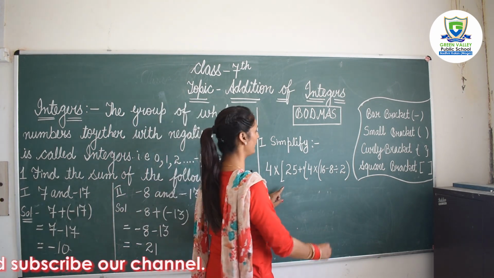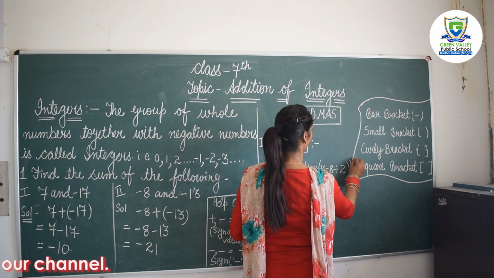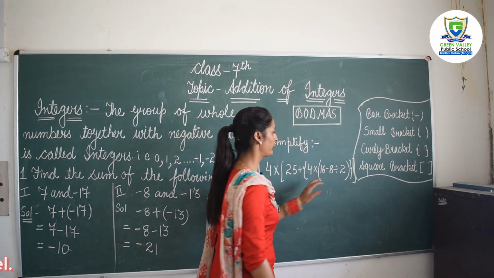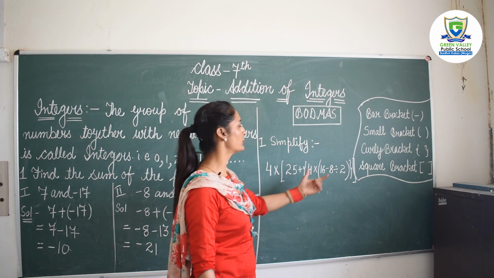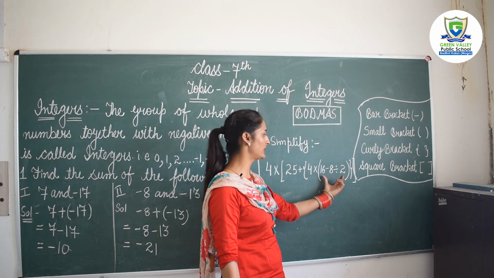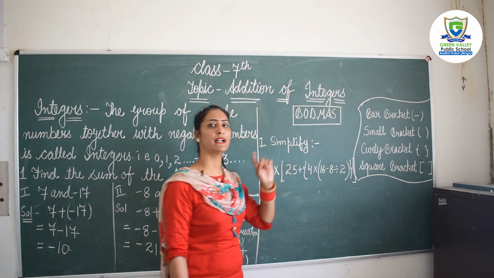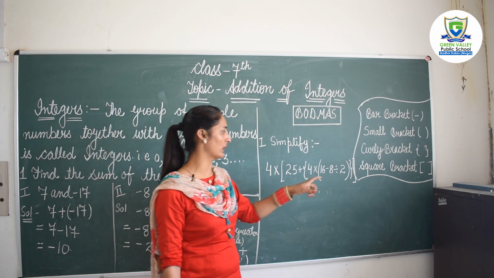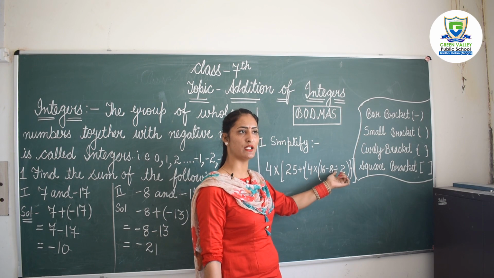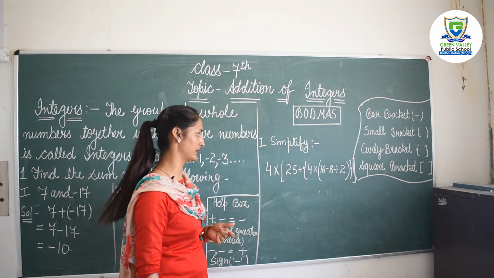Now first of all we will check if there is any bar, but a bar is not given there. So we will check small bracket. This bracket is small and there are three numbers, 16 minus 8 divide 2. From subtraction and divide, we will choose divide first.